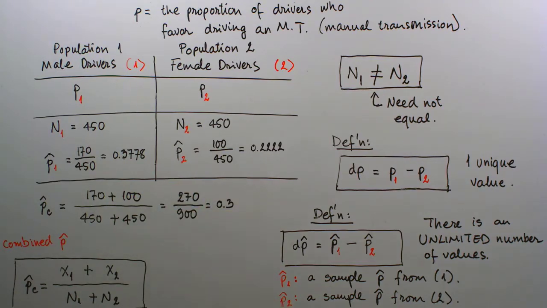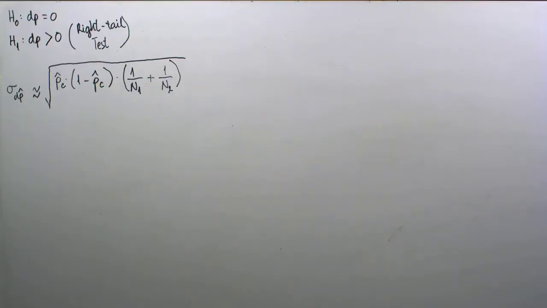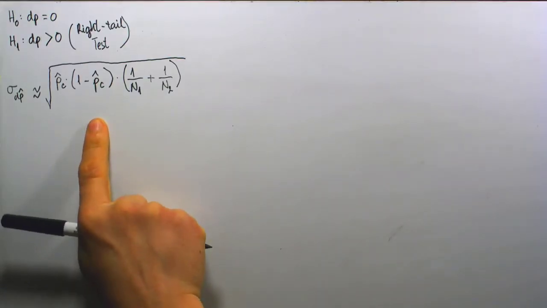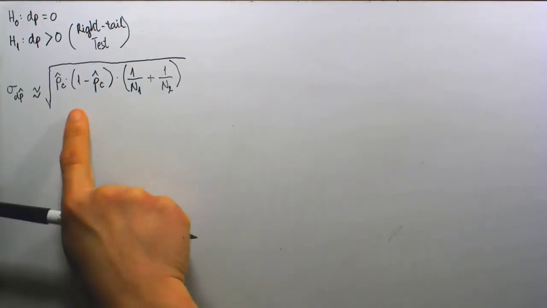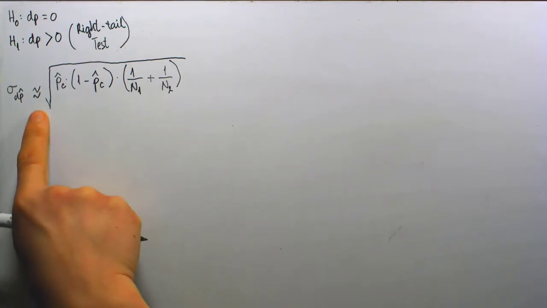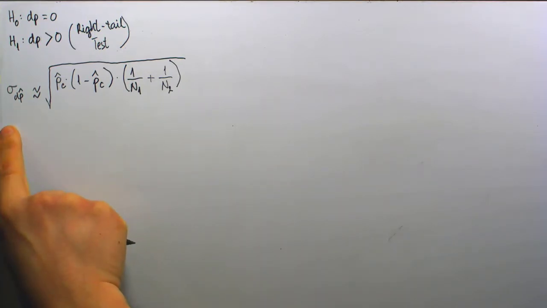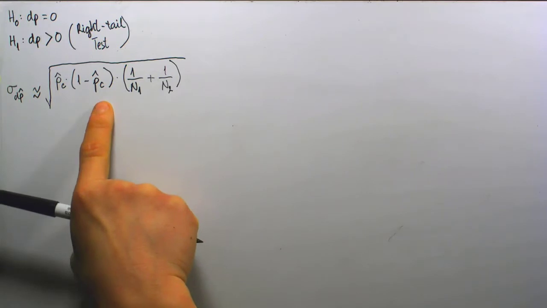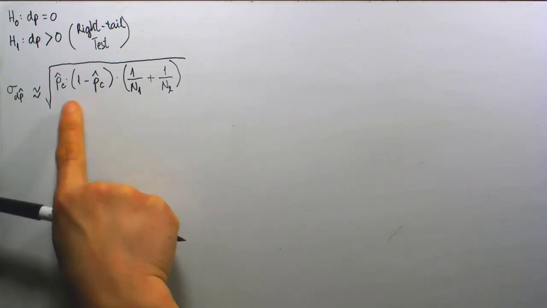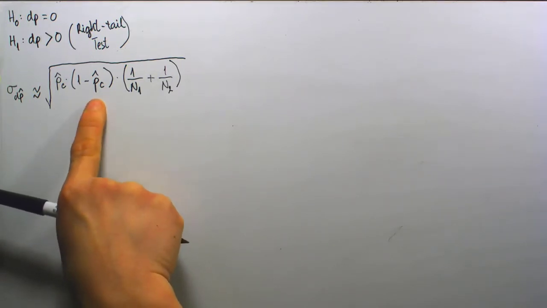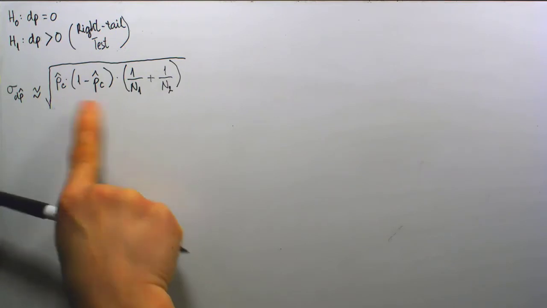That's what the 0.3 is. And so now we are ready to nail down the actual calculation for this approximate of the sigma dp hat value, because we now have a value for p hat c.